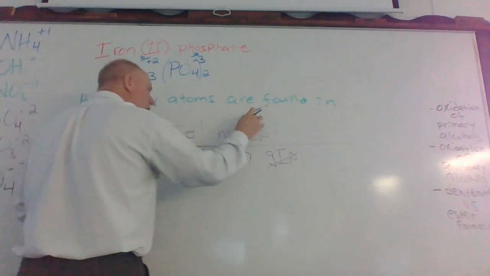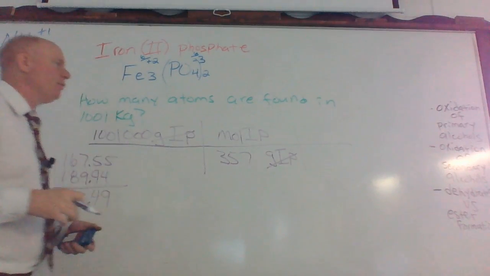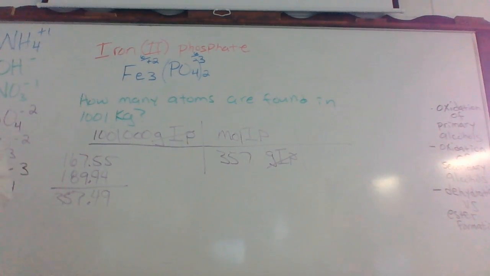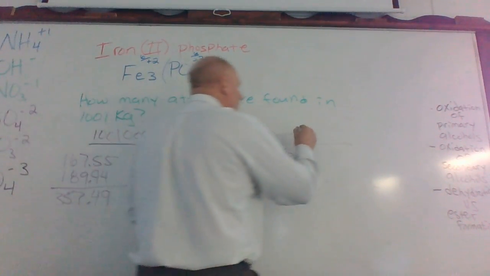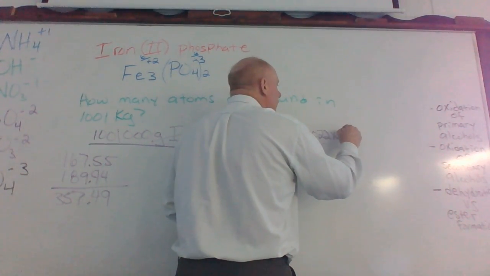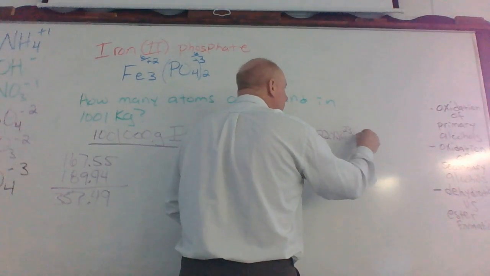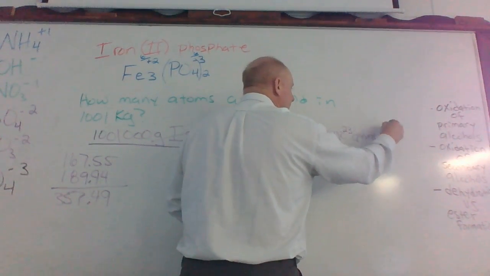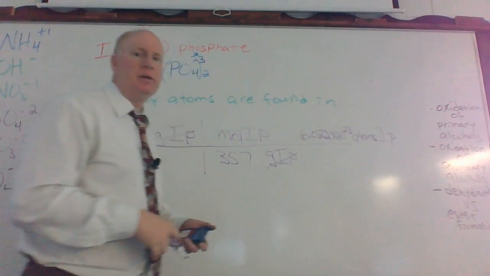So our grams of iron phosphate have canceled. We're in moles of iron phosphate. And how do we get rid of that? On the bottom? Okay. 6.022 times 10 to the 23rd atoms, or could be molecules, either one.